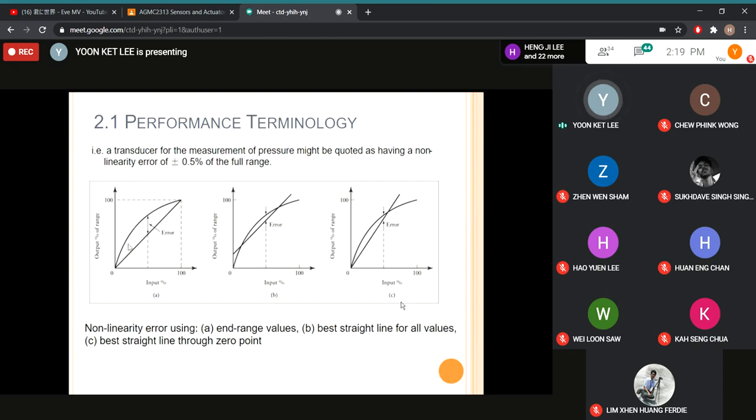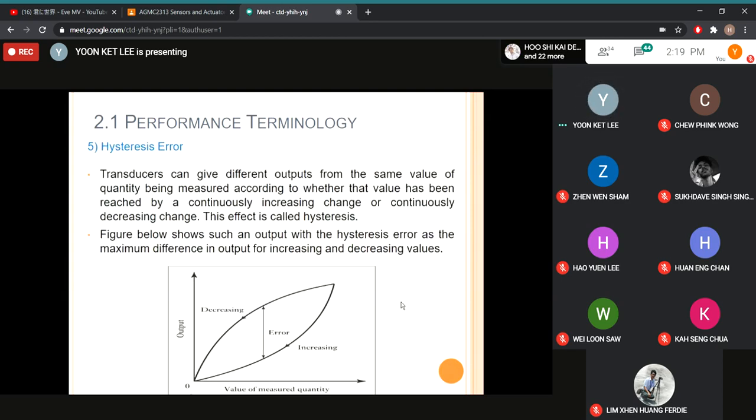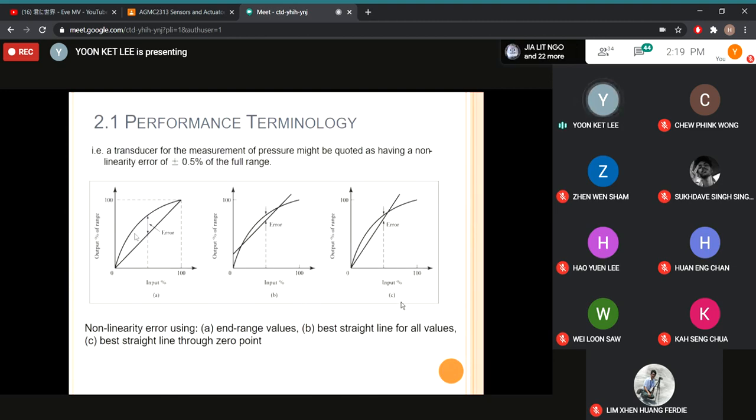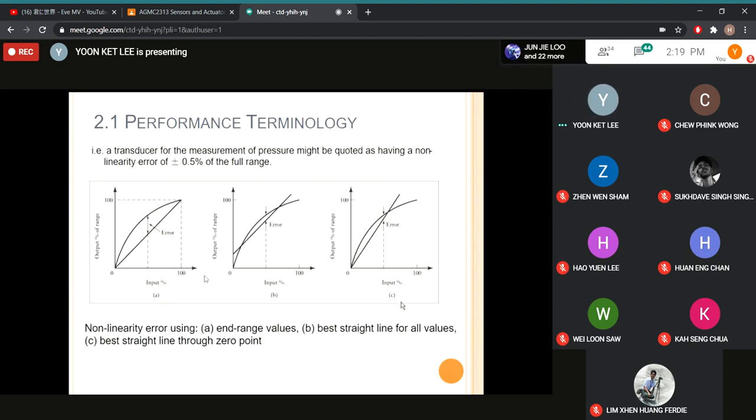This is decreasing and this is increasing. So when you have this, you have a non-linearity error. If you just pick this point and this point and draw a graph, you don't care what happened.